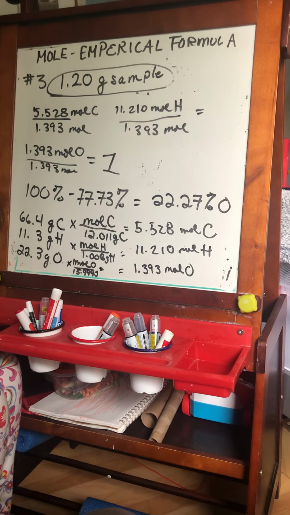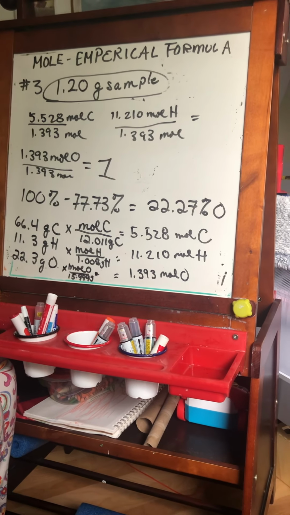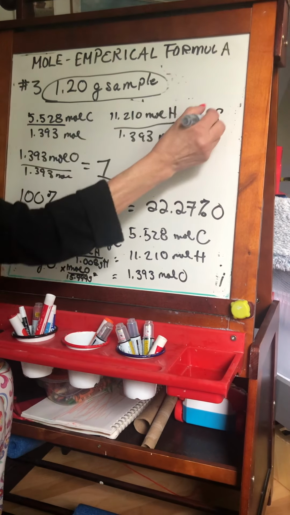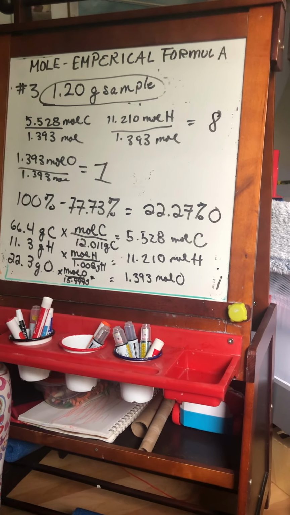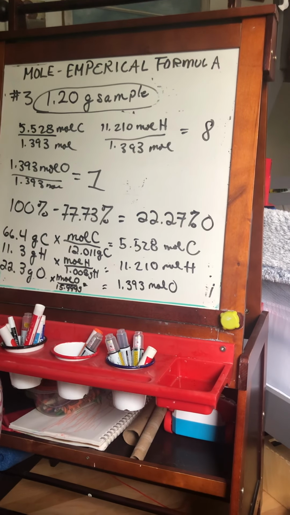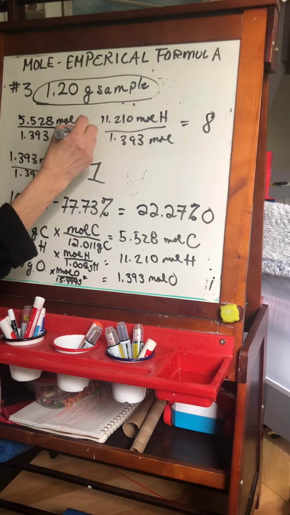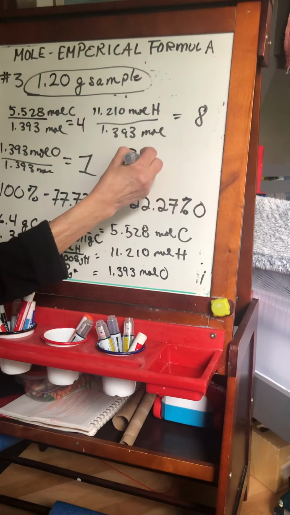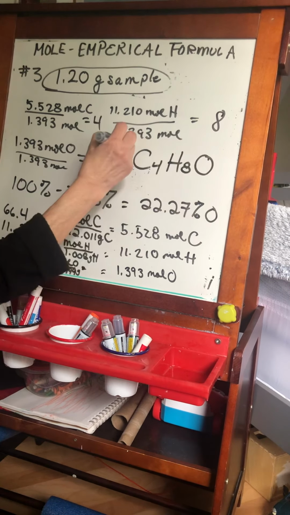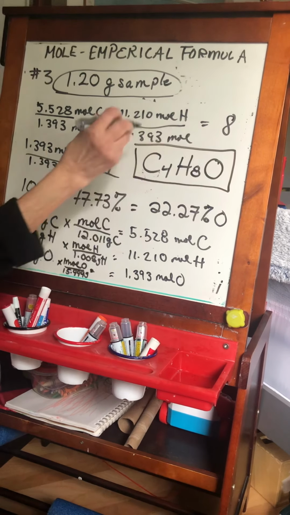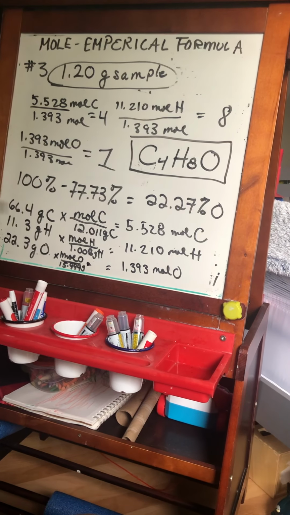Hopefully if my math is right. This gives us 8, so that looks pretty good. And the carbon gives us 4. So empirically, I have C4H8O. That's my empirical formula. That's the simplest whole number ratio.